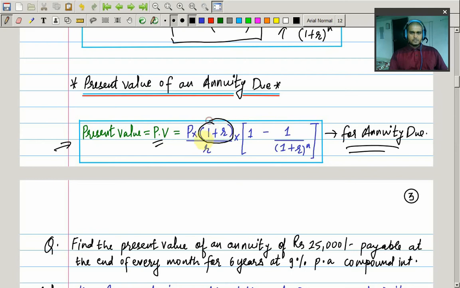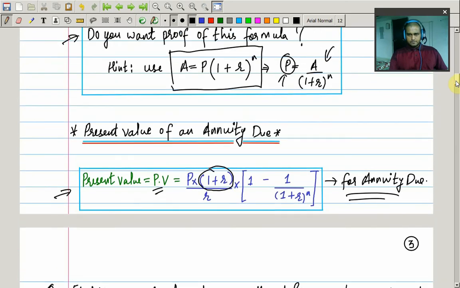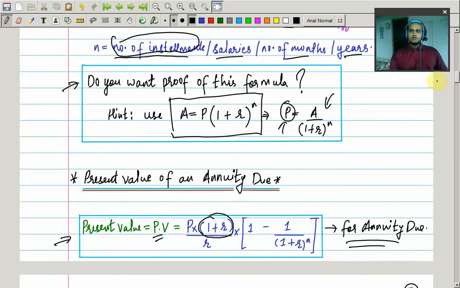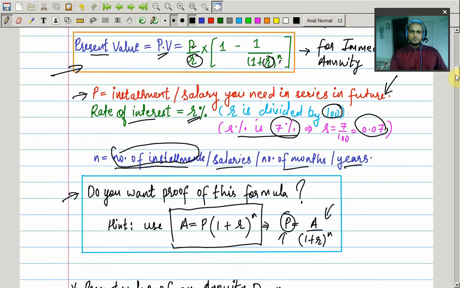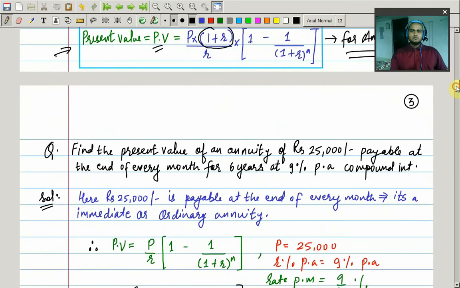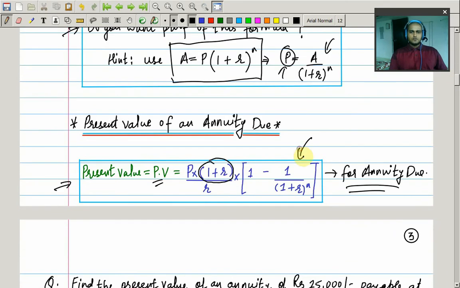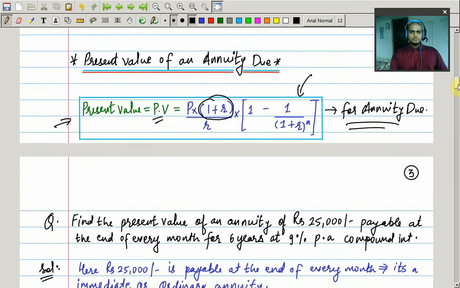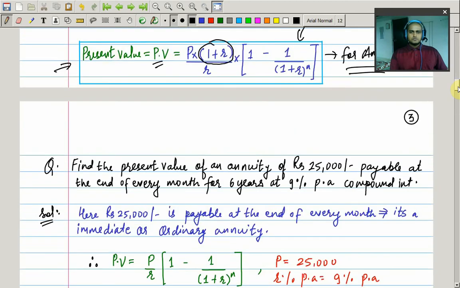This thing is extra: P times 1 plus R upon R. The bracket is the same as in the immediate annuity. So the present value is this for immediate annuity, and for annuity due, this is the formula. This is all about the present value.